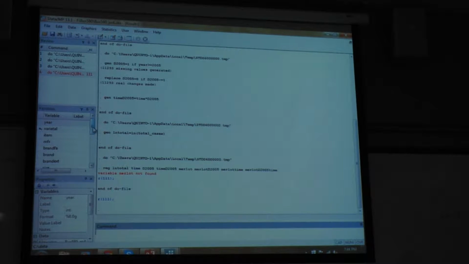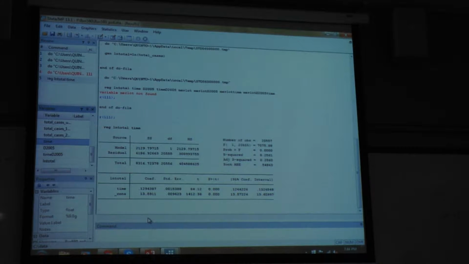All right, so let's just run regress ln total. All right, so there's a regression. There's a log regression. And we know the coefficient on, shall we do the first one?